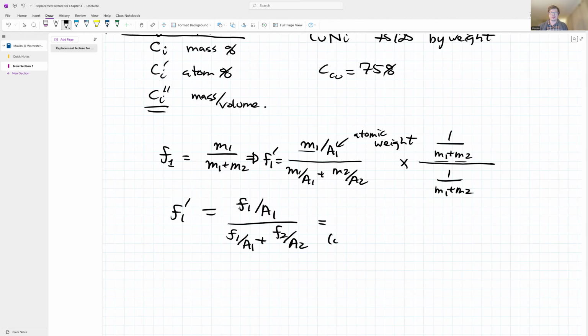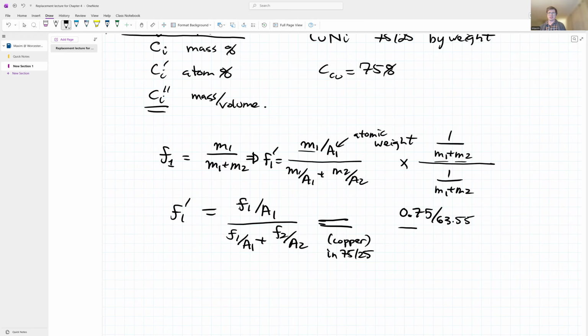So it's for copper, in the 75-25 alloy. Let's see what the atomic fraction of copper is. The fraction by weight is 0.75, and we have to divide by the atomic mass of copper, which I do have tabulated: 63.55.